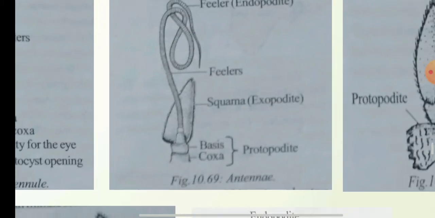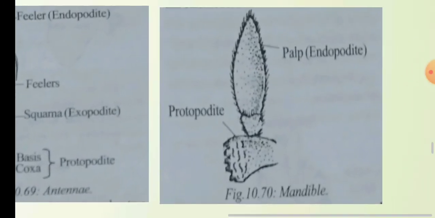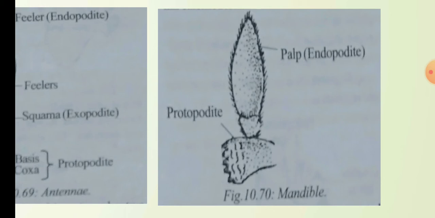The next one is the mandible. Mandibles are the third cephalic appendages, located on the third segment. They lie on either side of the mouth, and the main function of the mandible is to masticate the food. It acts like our teeth.